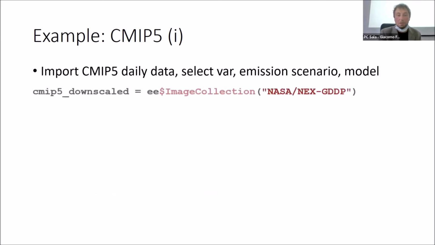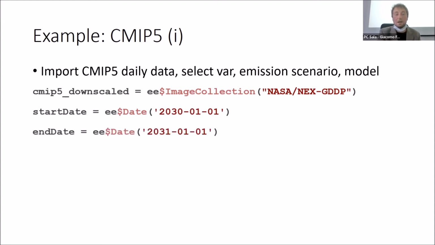In this case, again, we do ee$ImageCollection, but the name of the data product, the path, is NASA/NEX-GDDP. Again, you can find this in the product pages. Then you can define a start date and end date, just to make it very quick and silly here. I'm extracting year 2030, but it's just to give you an example.